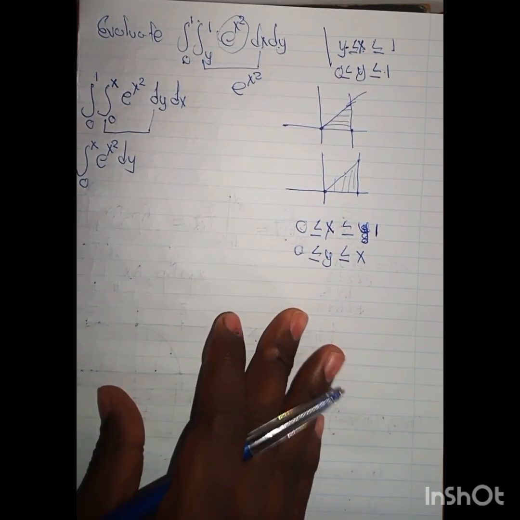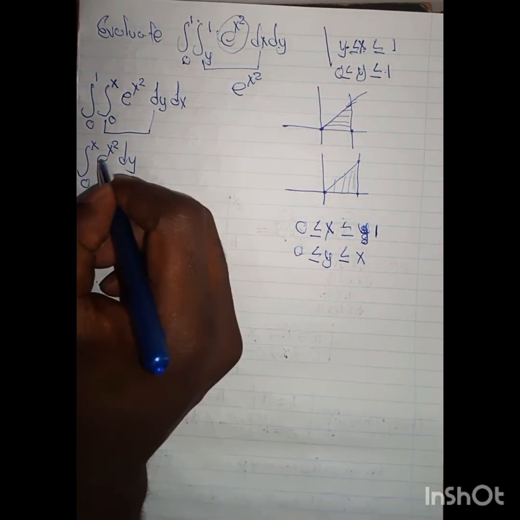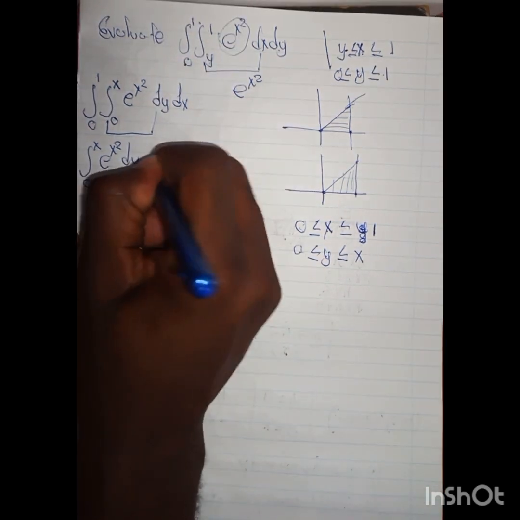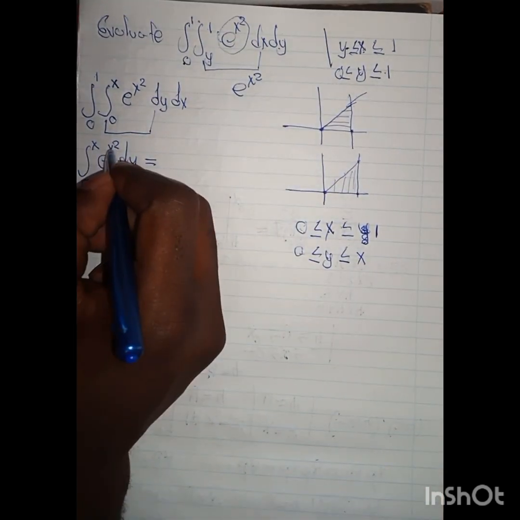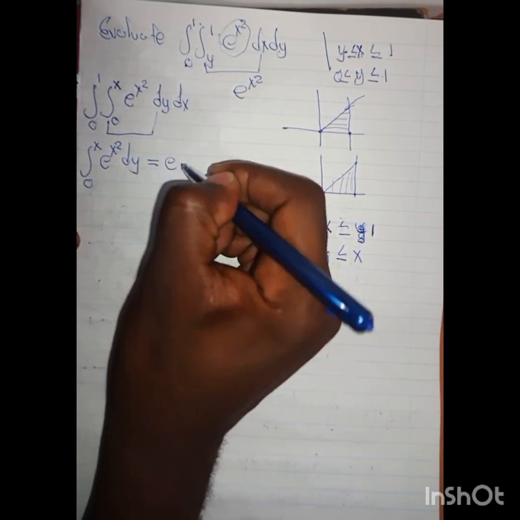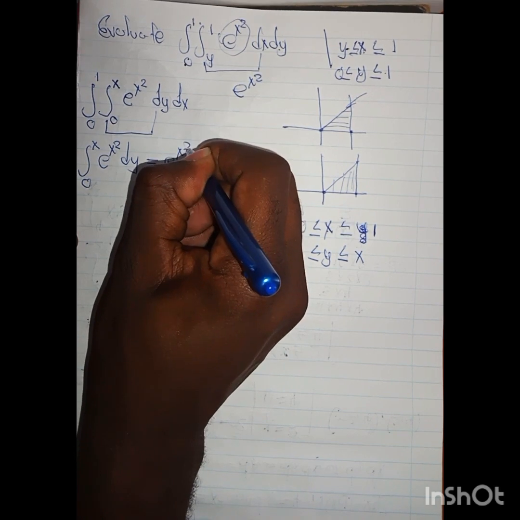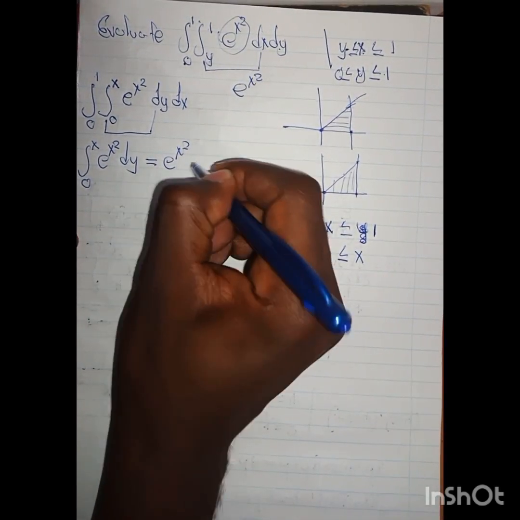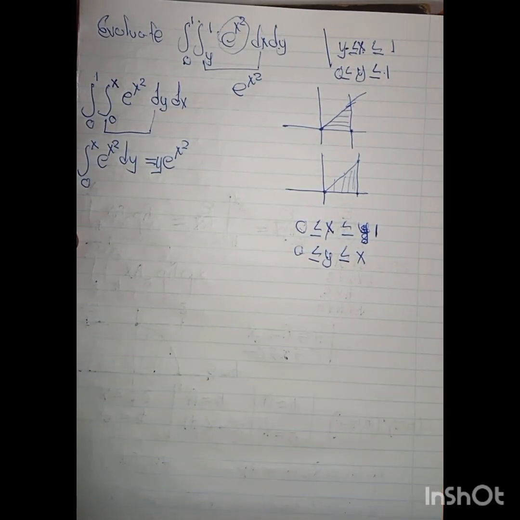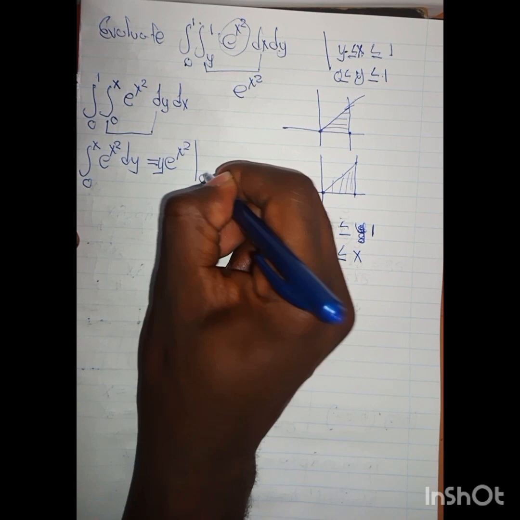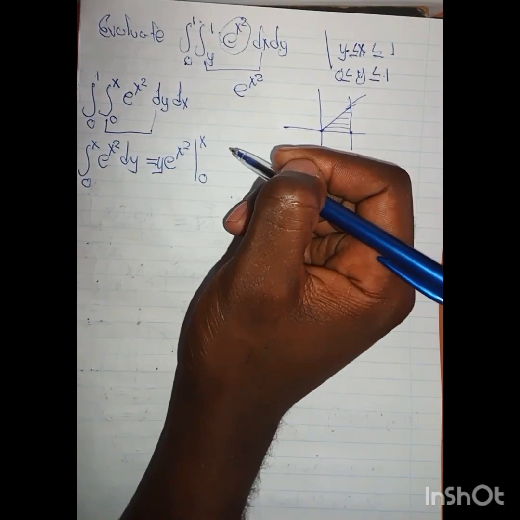We want to integrate this natural log e to the x squared with respect to y. The antiderivative of this part is nothing but e to the power x squared. Then because we integrate with respect to y, we must multiply it by y. So let me put in y as the coefficient of the natural log e. The limits start from 0 to x.